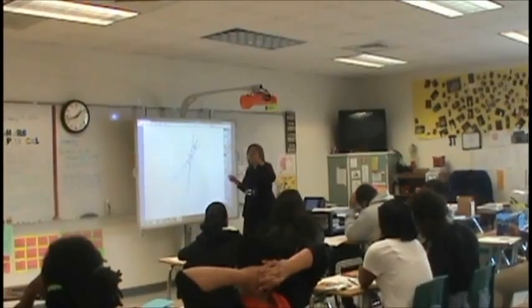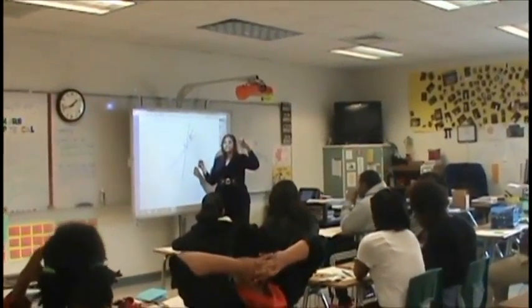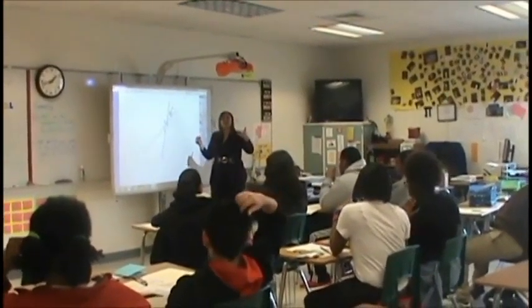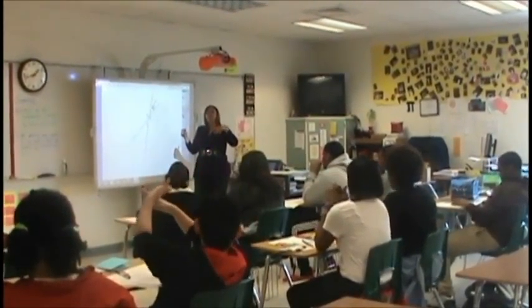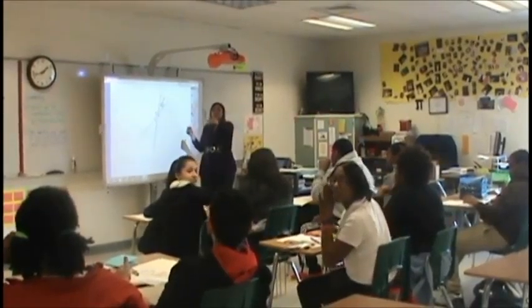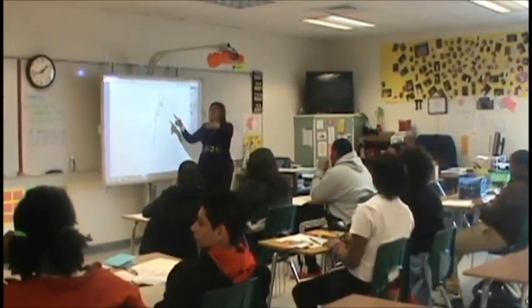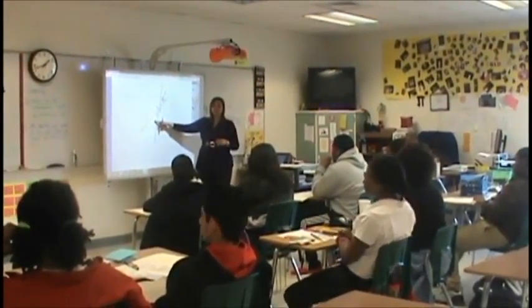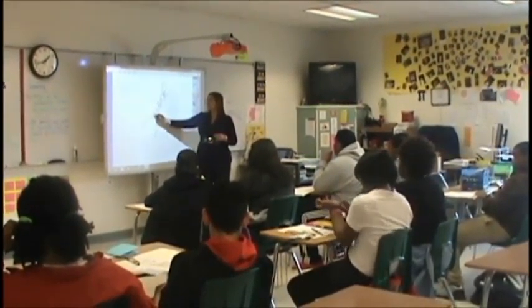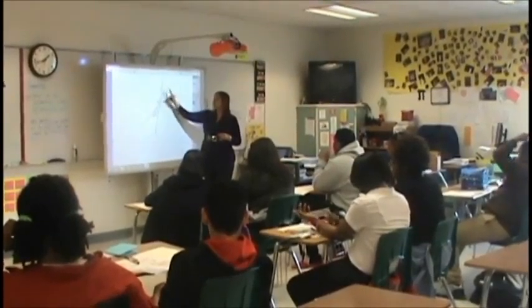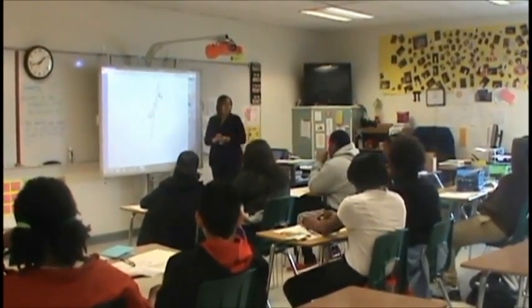Why is angle 3 40? Because they're vertical angles, because they cross, because they are across from each other. The ones that are across from each other are equal. So if 1 is 40 degrees, 3 is 40 degrees.